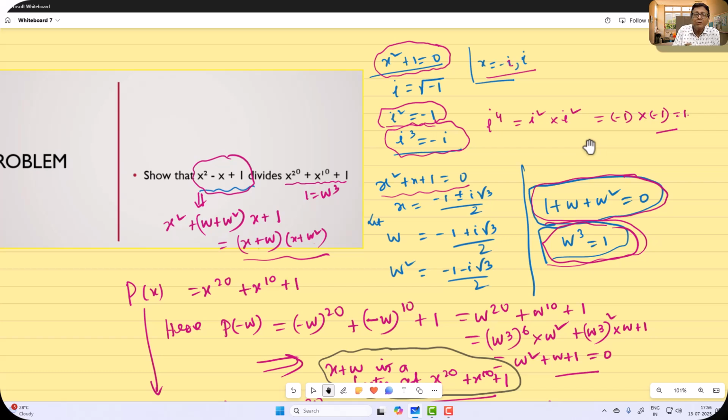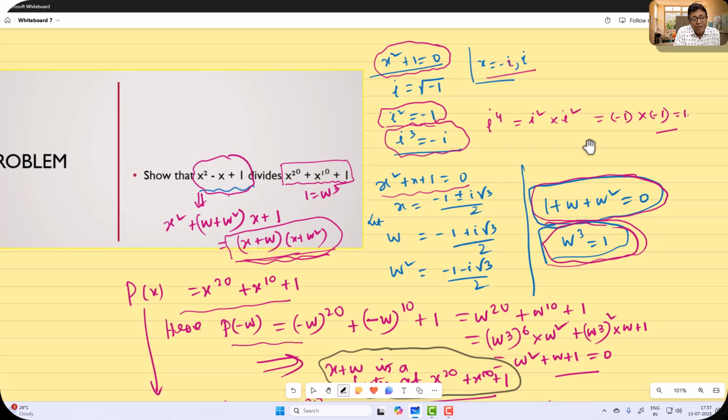But we will use the trick that when the factors of this quadratic polynomial are known, then if this one divides this polynomial, x plus omega and x plus omega square are two factors of it, by the factor theorem. So if p(x) is the polynomial, we'll just check what alpha is, in this case minus omega.